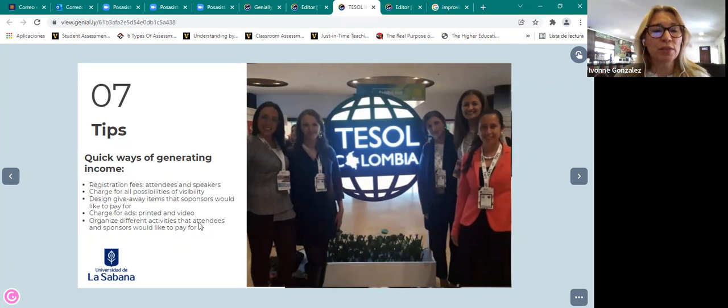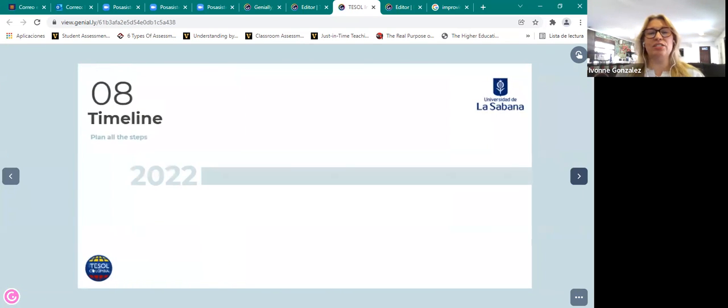You can charge for the different activities that you organize during the event or before the event. And the sponsors are willing to pay for that because they know that it is a good way for them to be in touch with the possible customers that they will have.